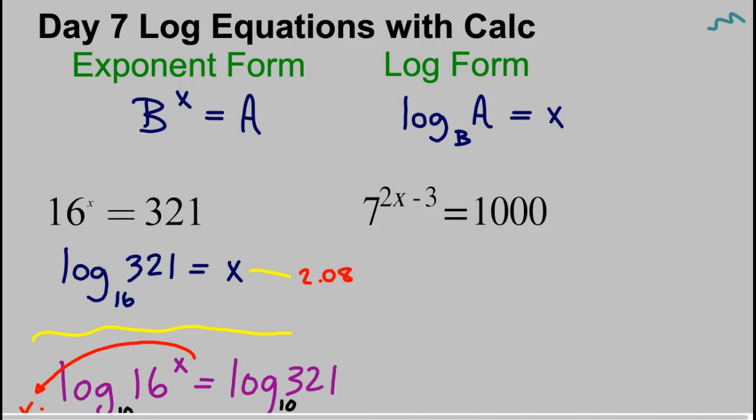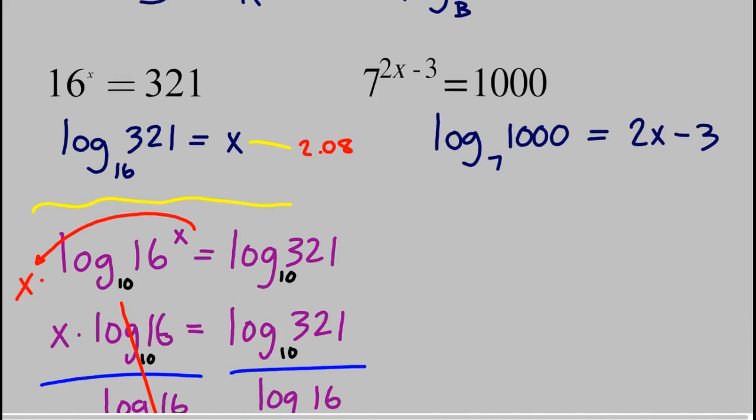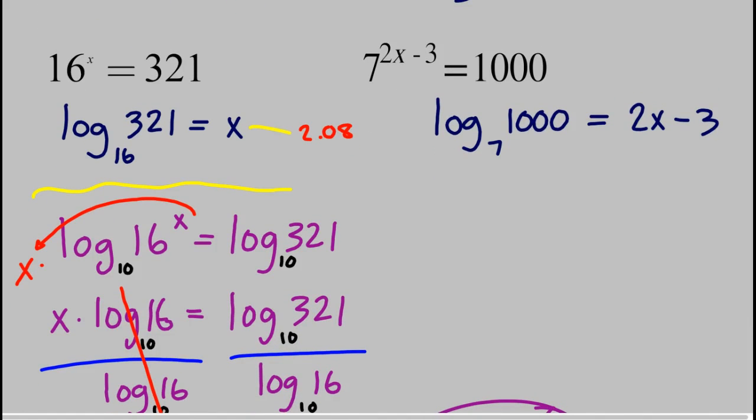The log of 1,000, and the base is 7. And it equals, this time there's an expression, so it equals the whole 2x minus 3. And this is a calculator, so you have the ability to evaluate log of 1,000 base 7.